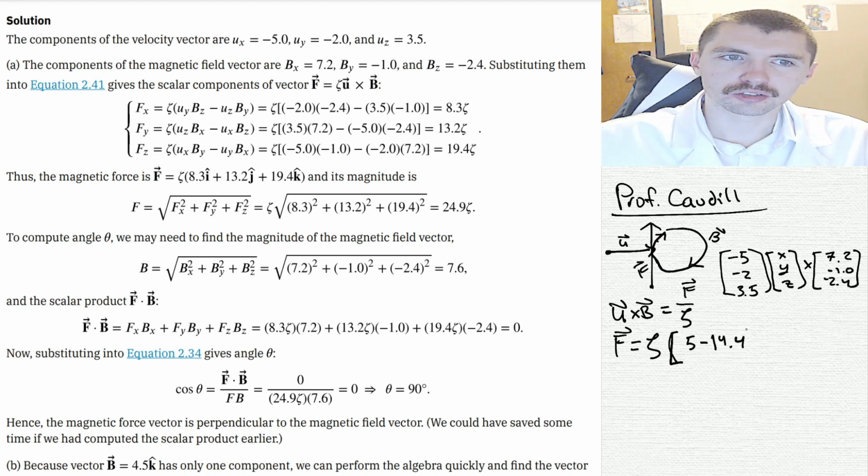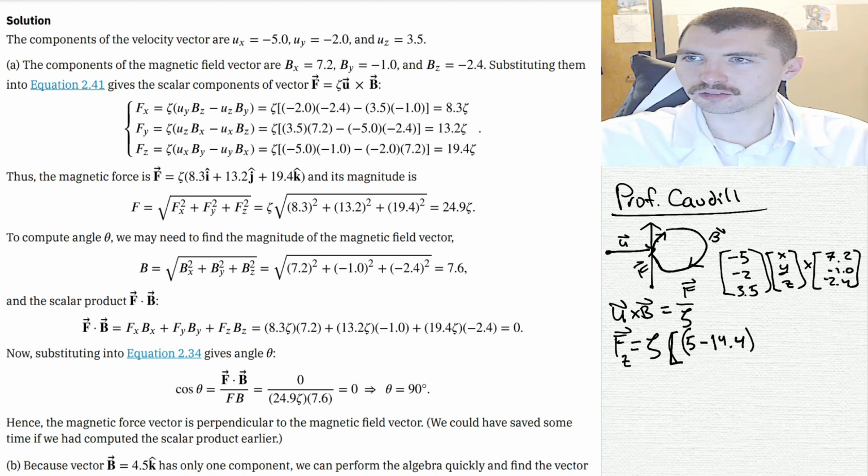And that is your Z. Okay, so we're doing it like, so it'd be 5 this times this minus this times this. Okay, that's the first cross product.